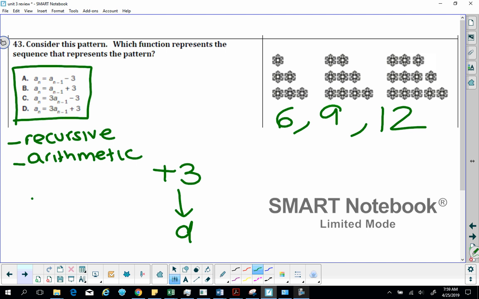So which one just has to get the next term? I take the term before and add 3. Do you guys see how easy this is if you understand how to utilize your formulas? Cool. Does anyone have any questions about this?